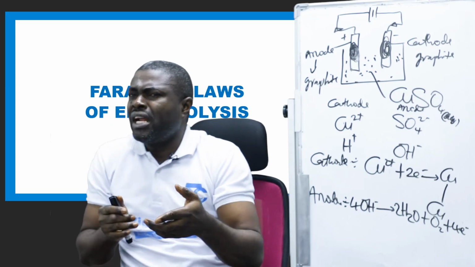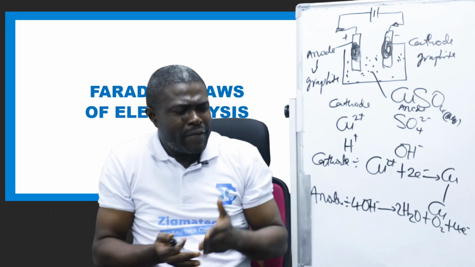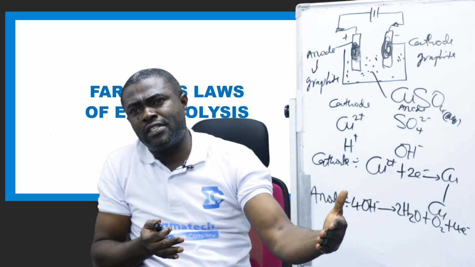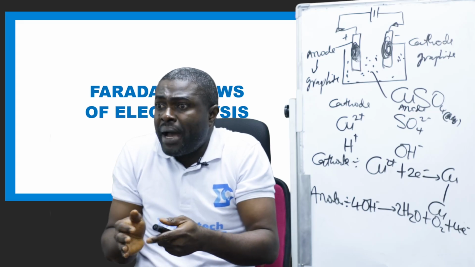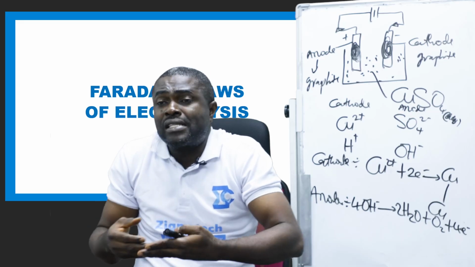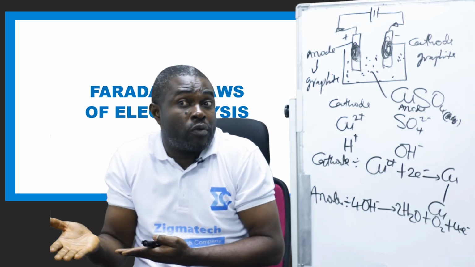Now, Faraday moved on to find out the relationship between the quantity of electricity that should be passed across and how it affects the mass of this substance, which will come out as a neutral element or gas, as the case may be, at the end of the process.